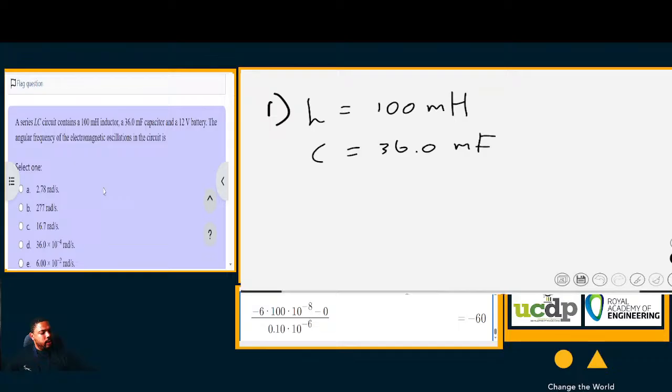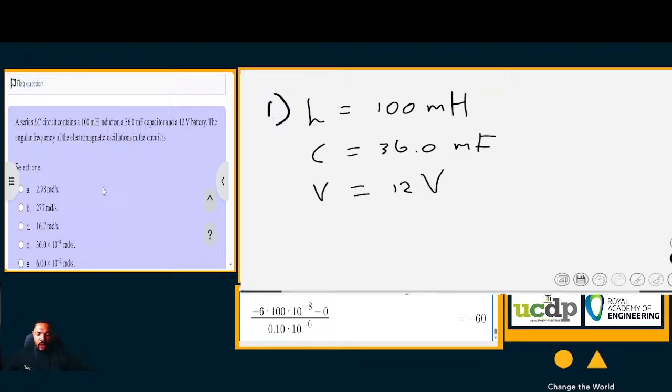So we have an LC circuit, and they are all connected to a 12-volt battery. The question then is, the angular frequency of the electromagnetic oscillations in the circuit is.